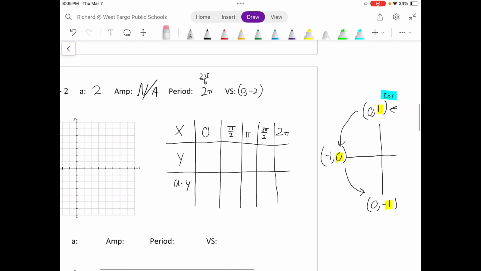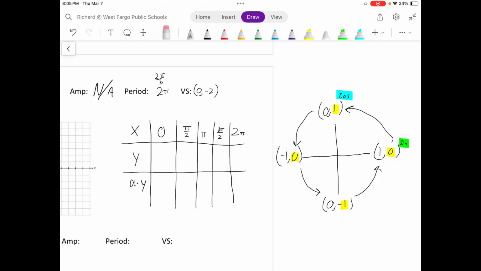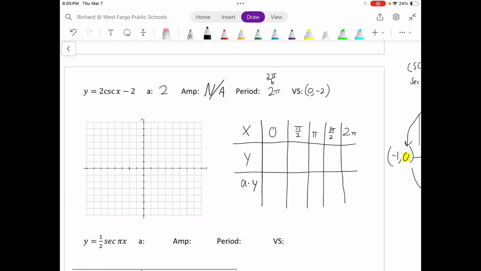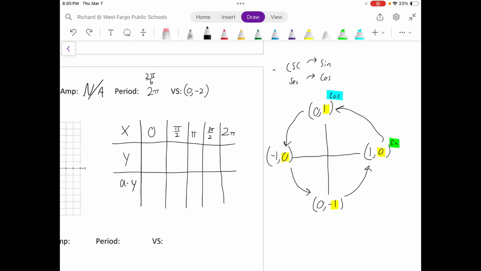So finding our y, if we look back at our chart here, we can see that cosine and sine are the only 2 points we have. But what we do know is that cosecant is the reciprocal of sine and secant is the reciprocal of cosine. So because we're starting with cosecant, it's the reciprocal of sine.